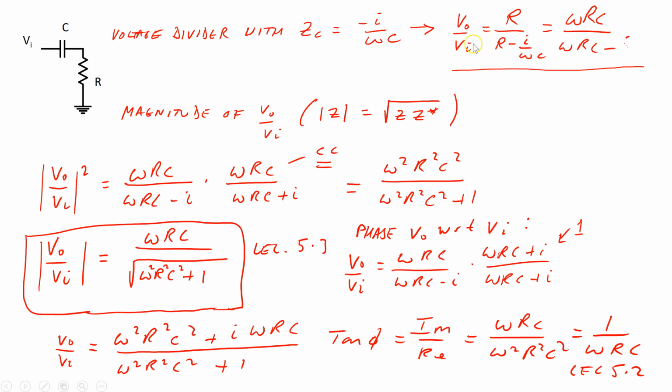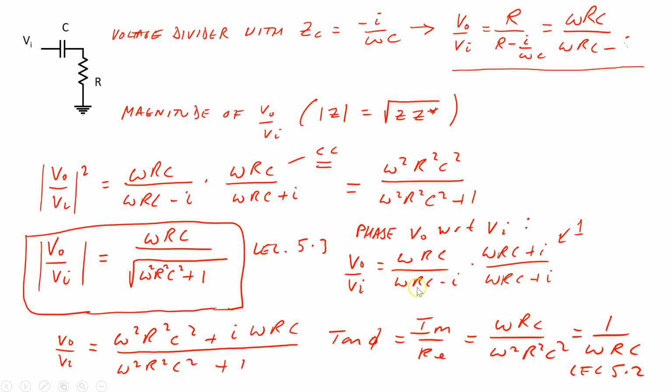Here was our expression for V out over V in, the minus invisible i here again. In order to separate this now, we have to rationalize it. And we're going to do that by multiplying this number by 1, i.e. omega RC plus i divided by omega RC plus i. And when we do this, we get omega squared R squared C squared plus i omega RC. And then on the bottom, we get omega squared R squared C squared.